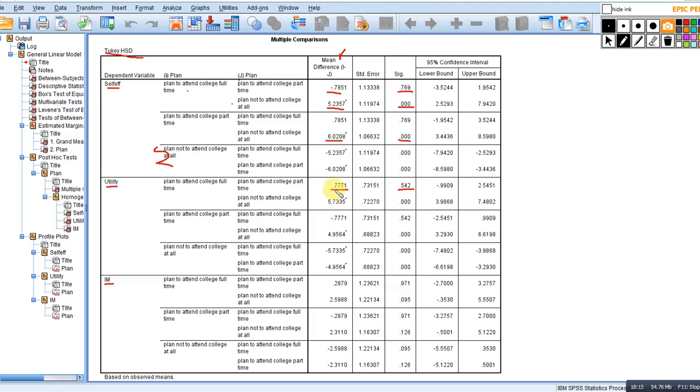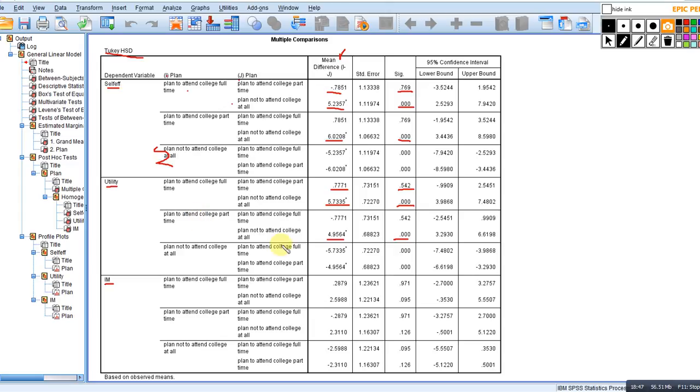Whereas when we compare those who plan to attend full-time versus those who plan not to attend, you can see that those who plan to attend full-time had a higher mean than the latter group, and this difference was statistically significant. Then when you compare those who plan to attend part-time and those who plan not to attend at all, you had the same general trend with the higher mean utility score being associated with the plan to attend part-time group.